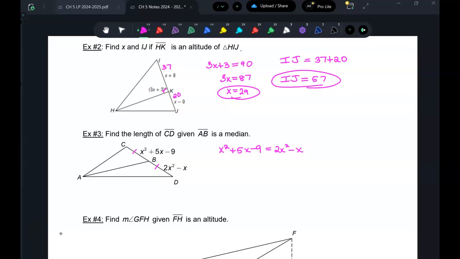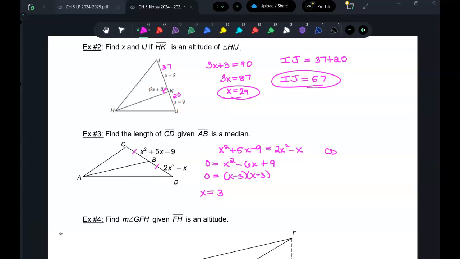Median means it goes to the midpoint. So it's x squared minus 6x plus 9 equals 0. It's x minus 3 times x minus 3. So it's just going to be x equals 3.